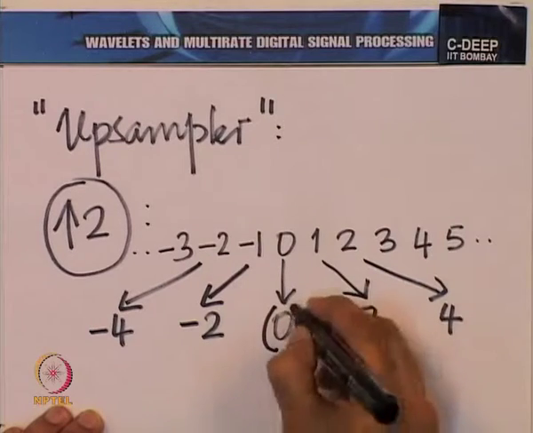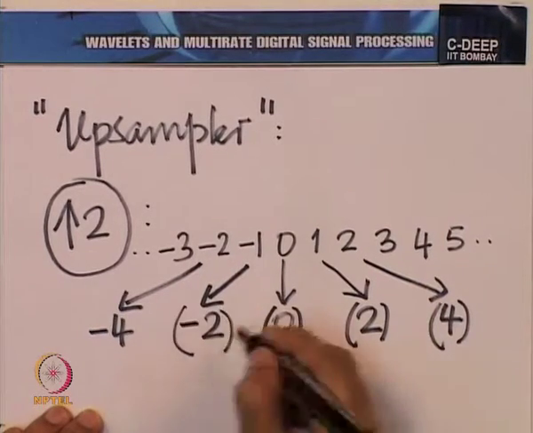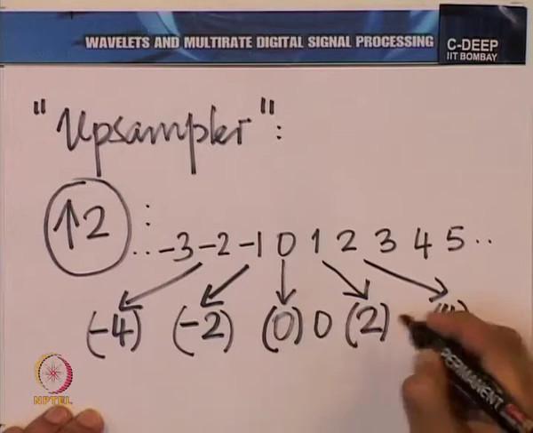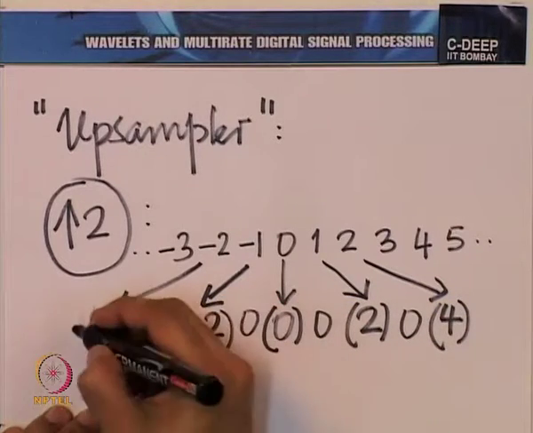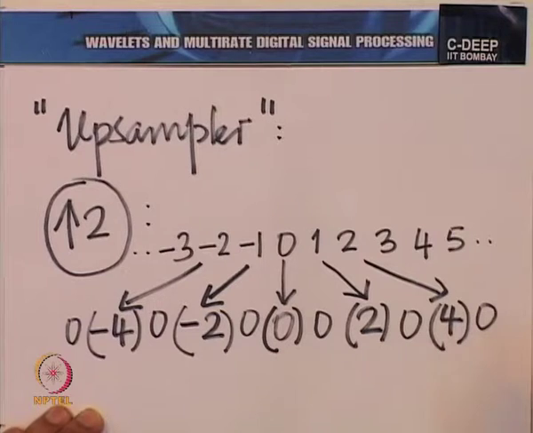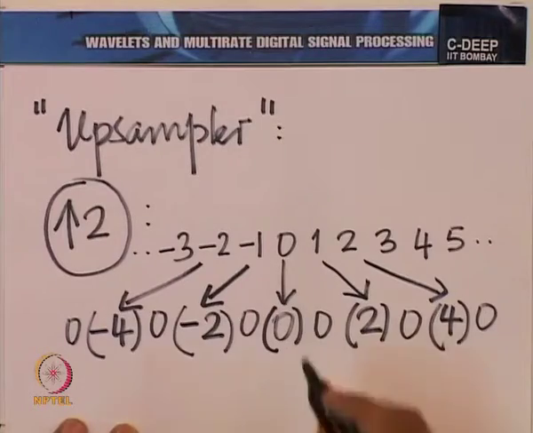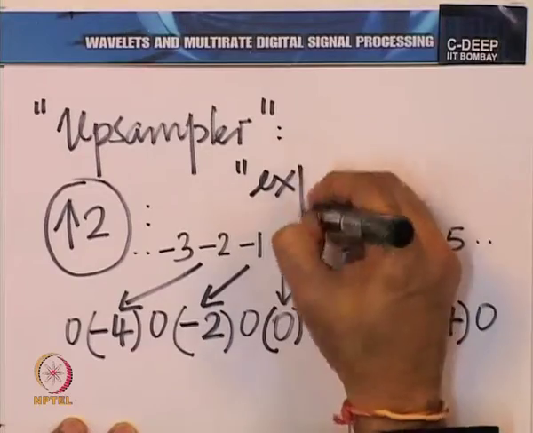So, what we will do is we will put these in brackets now, and we insert zeros in between. So, in other words, we expand in some sense. An upsampler also expands in some sense.